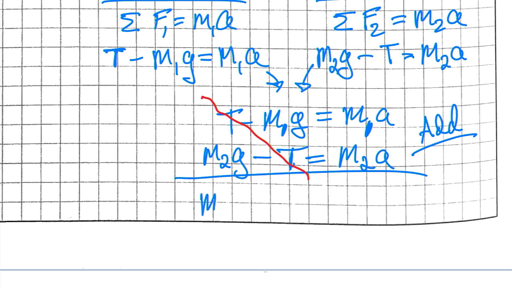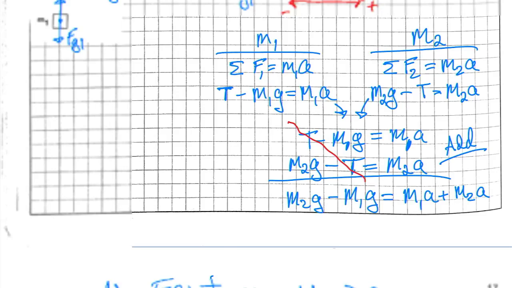And I'll be left with m2g minus m1g equals m1a plus m2a. And we could easily solve that for the acceleration, right? If I wanted to solve for acceleration, I would factor out this a. I'd be left with quantity m1 plus m2 times a. And then I would divide that over to the other side.